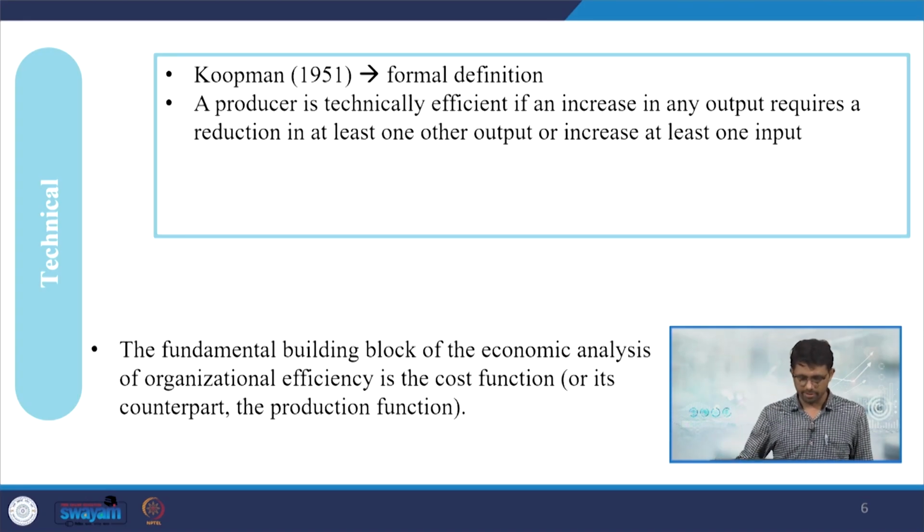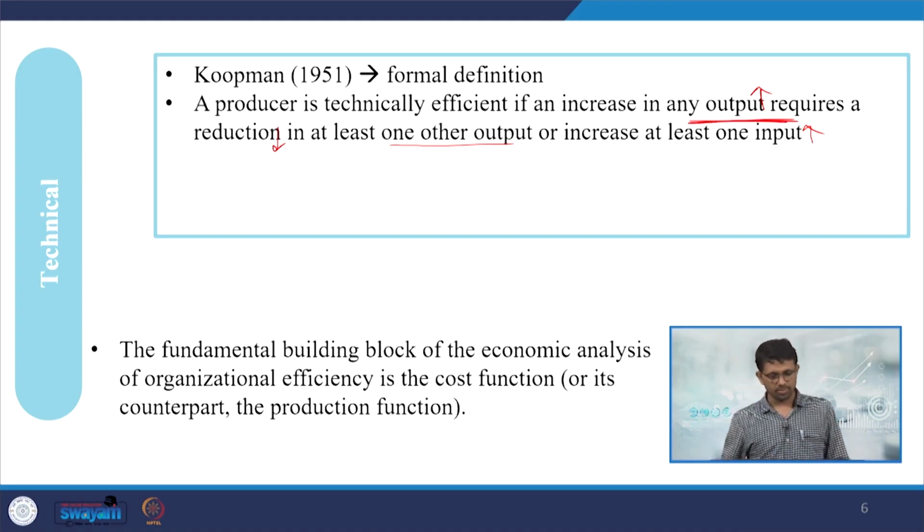So, whenever we say technical efficiency, of course, we emphasize an increase in output, which is a function of a reduction in at least one other output. If we have other targets as well, then we need to increase at least one input, only then can we achieve our target output. That is basically called technical efficiency.